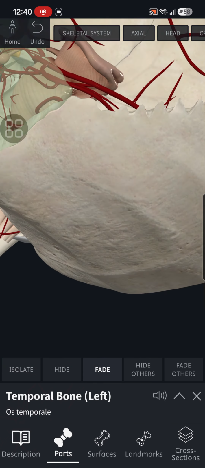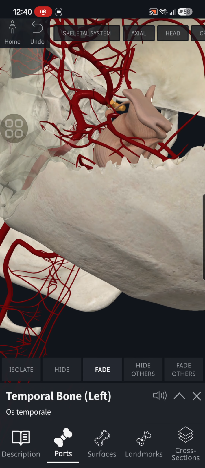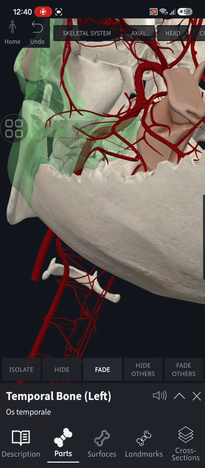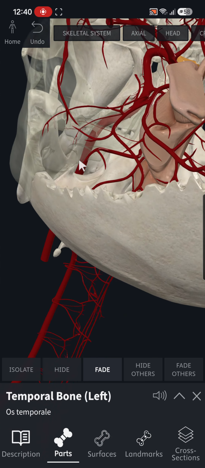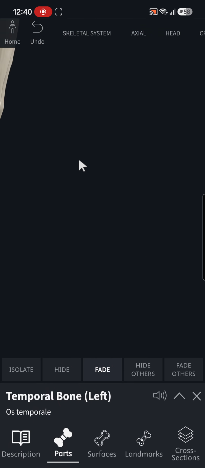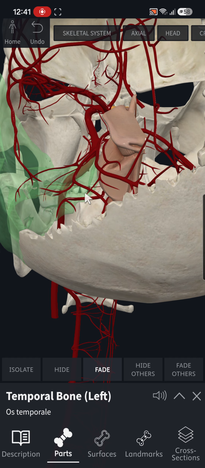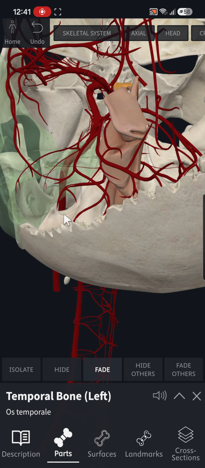The carotid canal is in the petrous part of the temporal bone, as we can see. This is the carotid canal. So here it's clear, it enters through the carotid opening and into the carotid canal, right?